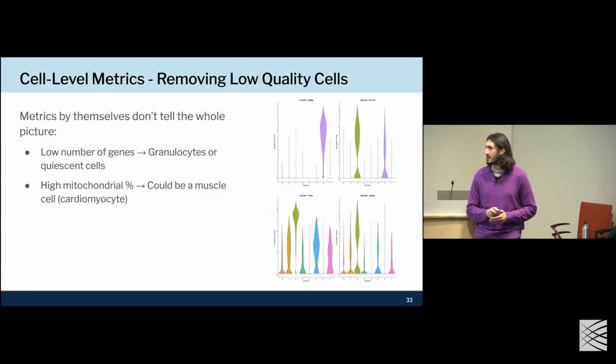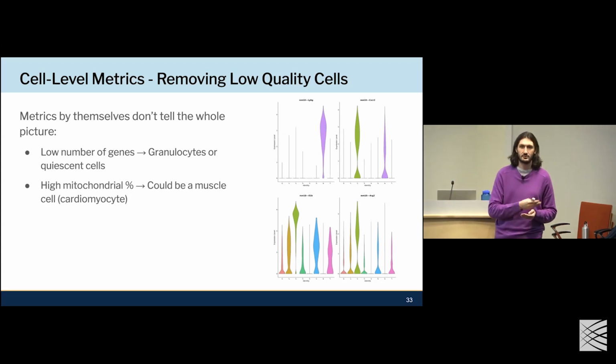And the same thing with cardiomyocytes. They can have very high mitochondrial percentages. If you just set a threshold of removing everything over 30% mitochondrial percentage, you could be missing out on a whole population that biologically happens to have higher mitochondrial percentage.